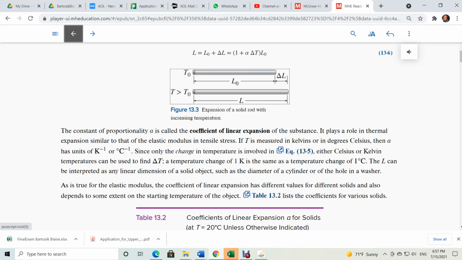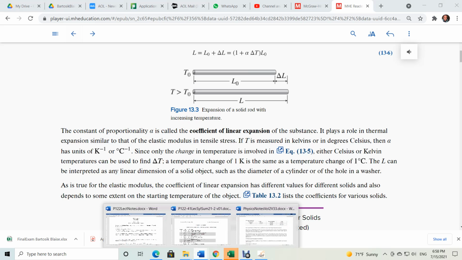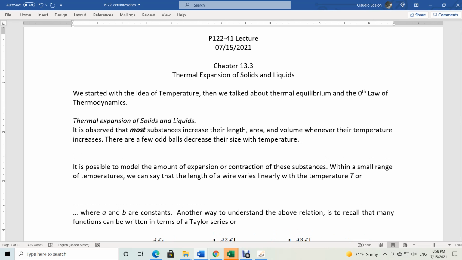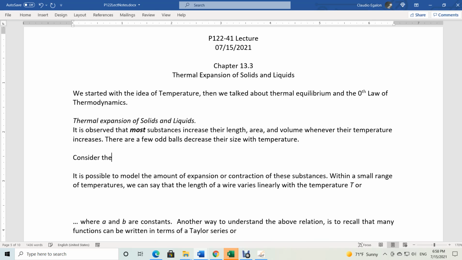Here we are talking about a one-dimensional solid, okay? To make our treatment simple. Then we're going to expand to solids that are not one-dimensional, but two-dimensional and three-dimensional. So consider the simplest of all solids, one-dimensional solids.